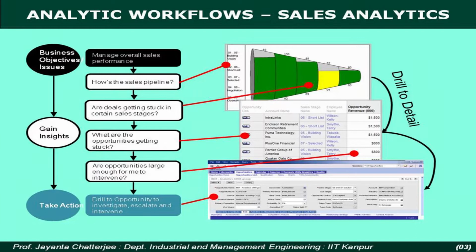Then of course you should be able to drill to the next level: if this is a problem area, what are the reasons, which customers are involved, what kind of products are involved, where it is stuck, and what is the size of the opportunity. All of this is the purpose of drilling down deep into the depictions in the top screen. And then one can drill even deeper into a particular case.